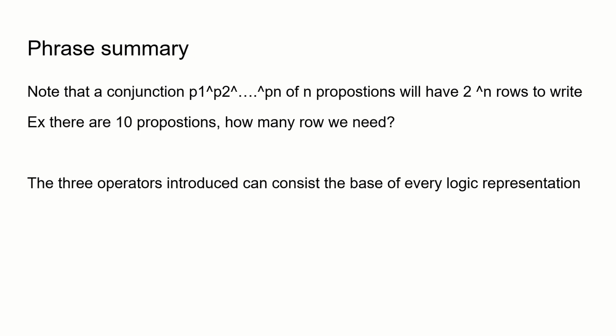If there are 10 propositions, how many rows do we need? I will give you 10 seconds to think. Alright. The answer is 2 to the power of 10, which equals 1024 rows we need.